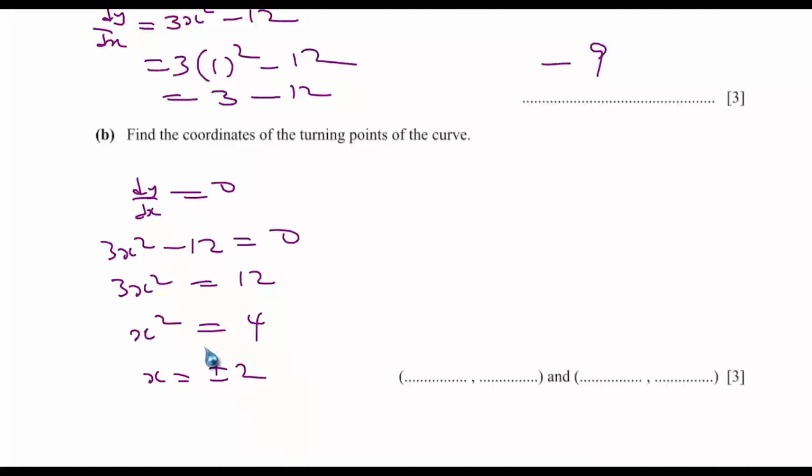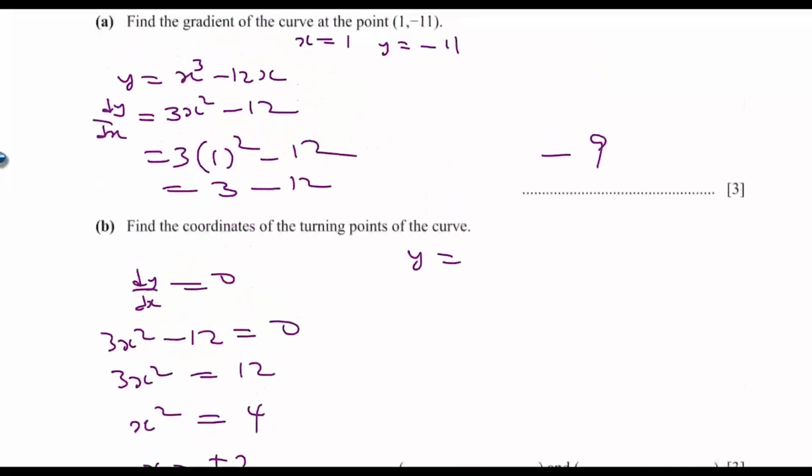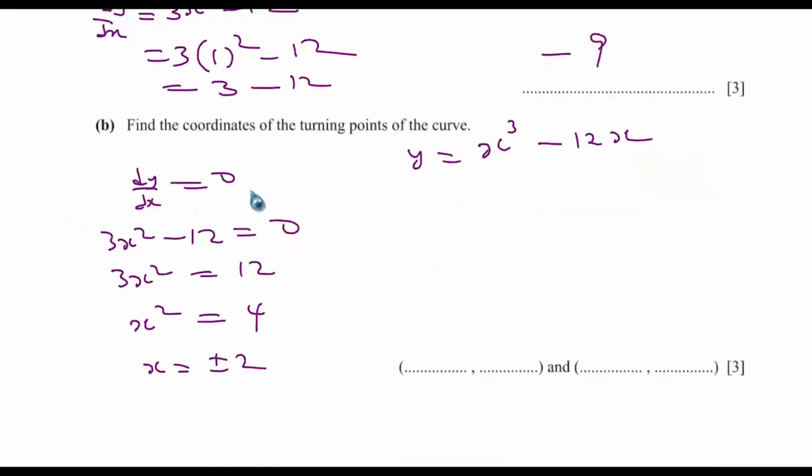So we need to find the corresponding y value. Don't forget that we have y equals x to the power of 3 minus 12x. So if you key in the values of x respectively, when x equals 2 and when x equals negative 2, let's do the first one.